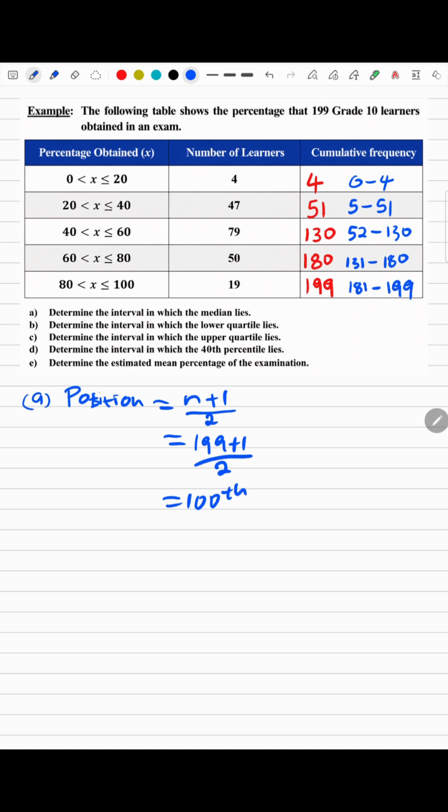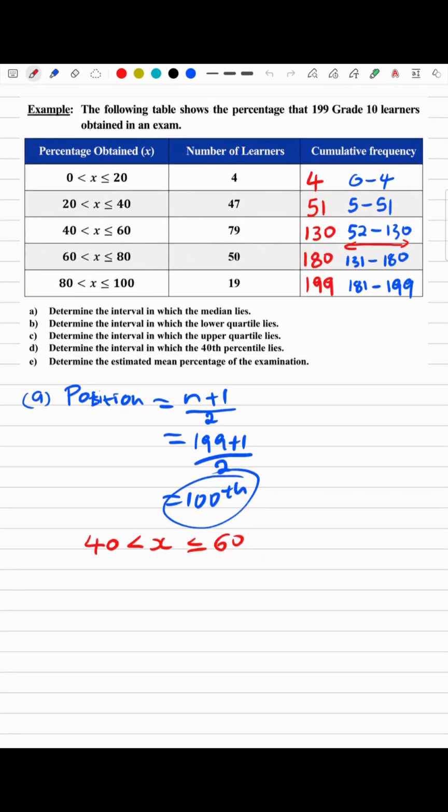So we check which interval and which range this 100 falls under. We can see that 100 is falling between 52 and 130. Therefore, the interval for this one is when x is greater than 40 but less than or equal to 60. Therefore, this is the interval in which the median lies.